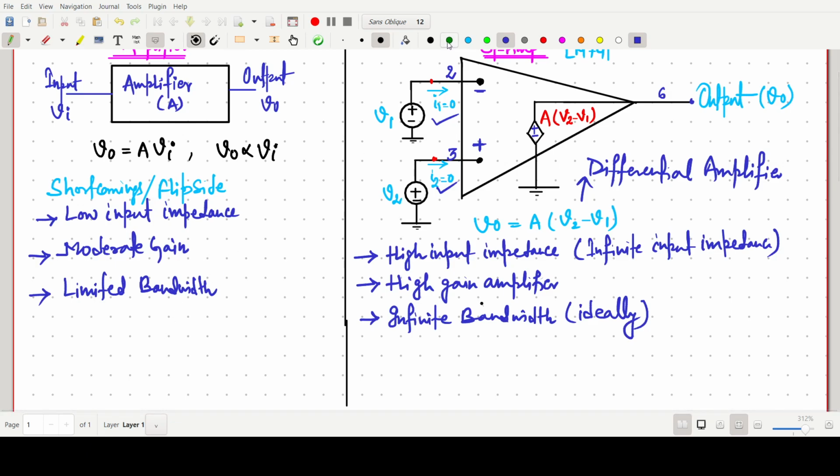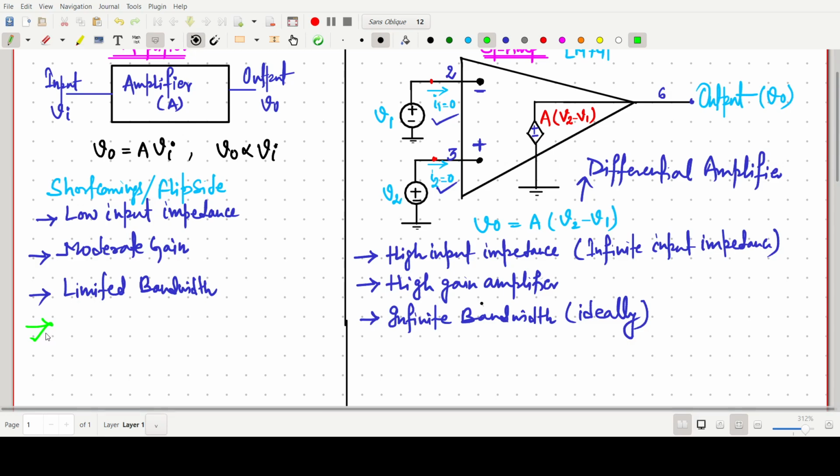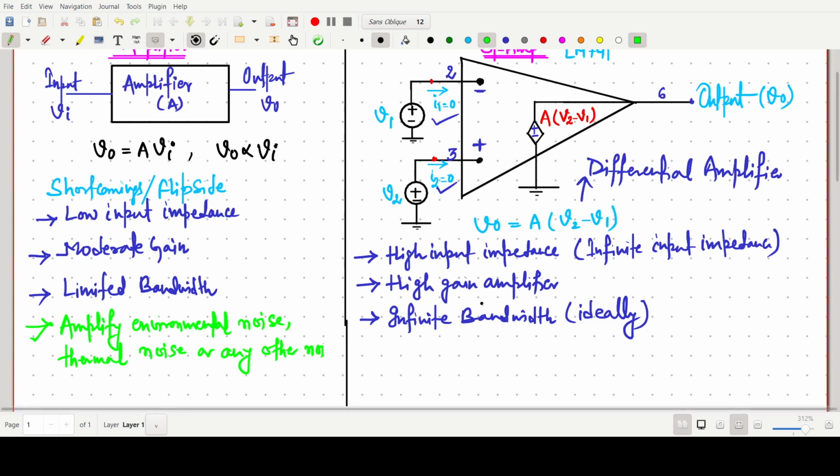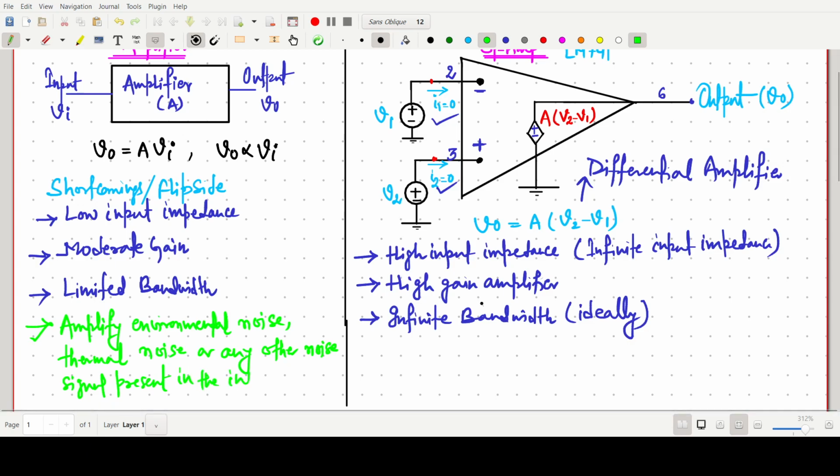And the other one is very important. In case of an amplifier, it amplifies environmental noise, sometimes also thermal noise, or in general any other noise signal present in the input.